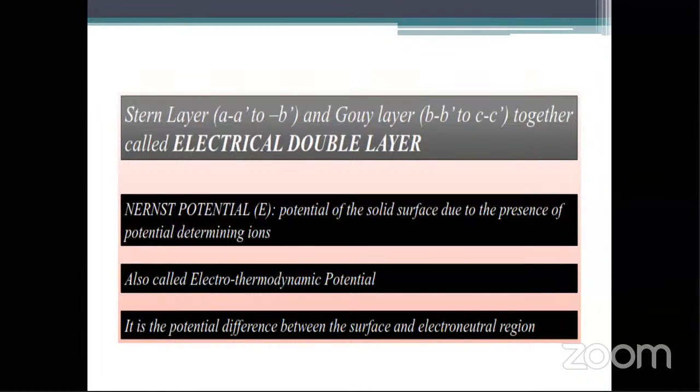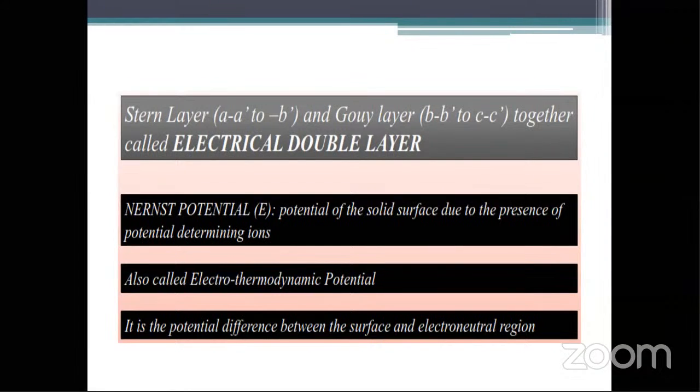Next, the most important, Nernst potential, that is described by capital E. What is that Nernst potential? It is the potential of the solid surface itself.